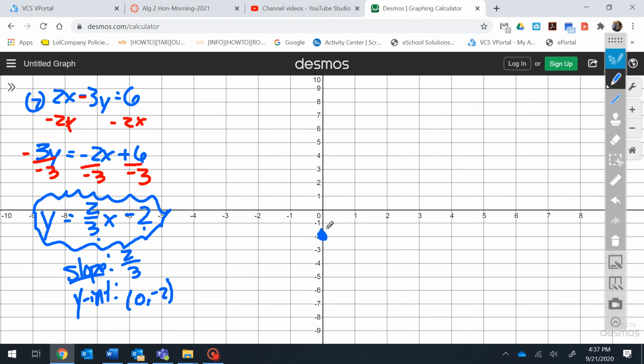And then our slope up 2 over 3, since it's positive. Or I can go down 2 and over 3 this way. Connect to form my line, draw my arrows, and I have my line for number 7.